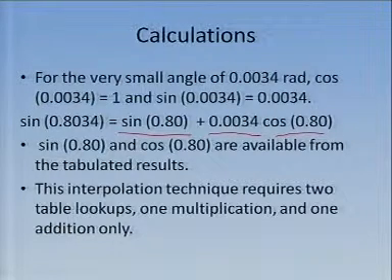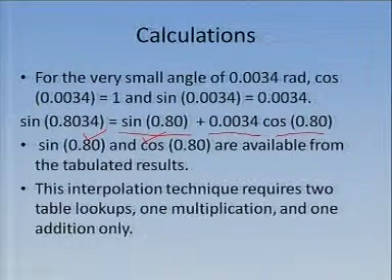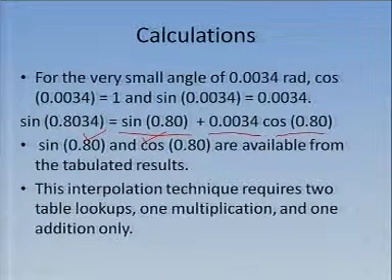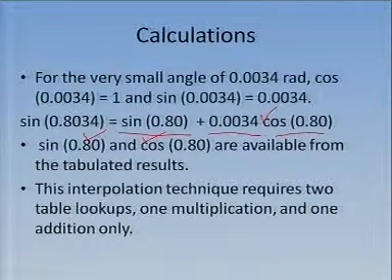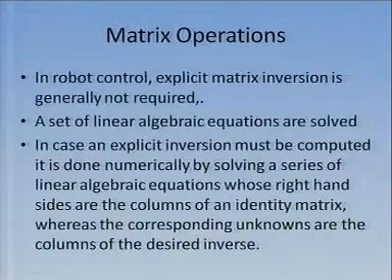So, now what you require is sin 0.8 and cos 0.8, which are available from the lookup table. So, this interpolation technique requires two table lookups. That means, you have to see the value of sin 0.8 and cos 0.8, one multiplication here, okay, and then one addition. So, you have to look for two values, one multiplication and one addition.